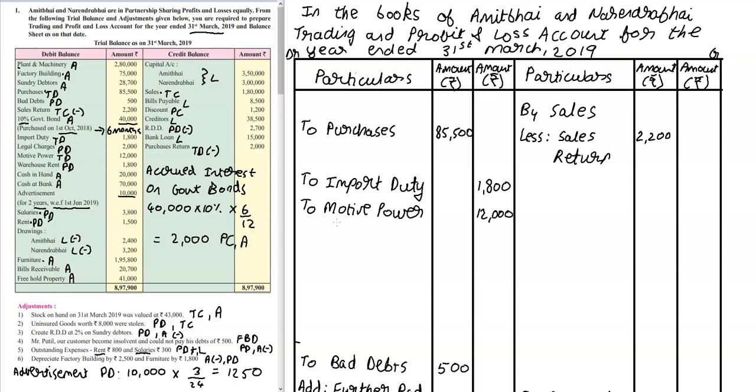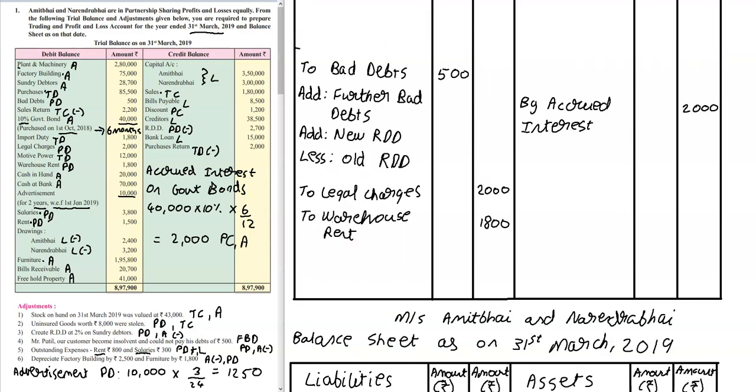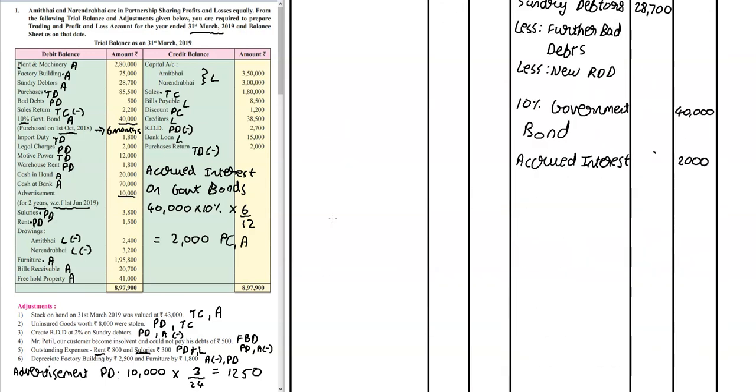Let's see, we have finished warehouse rent 1,800. Yes, now we go back to the balance sheet because we need to place cash in hand, cash at bank, 20,000, 70,000. So cash in hand, cash at bank, 20,000 and 70,000.